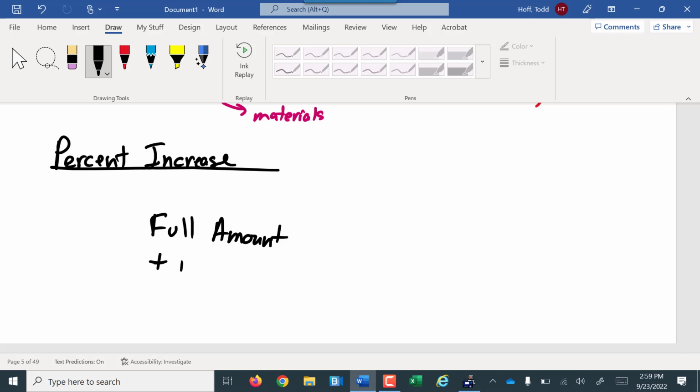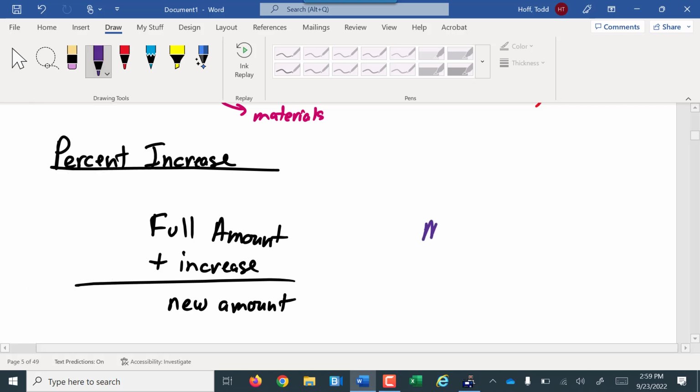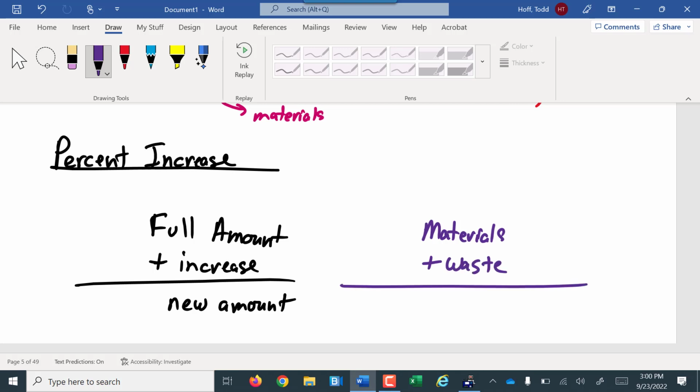We're adding an increase to it to get a new amount. In this case, the full amount was the materials. What were we adding to the materials? Some amount for waste. And what we ended up with then is a total bid off of that.